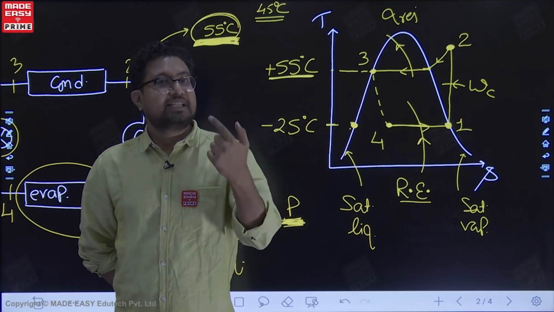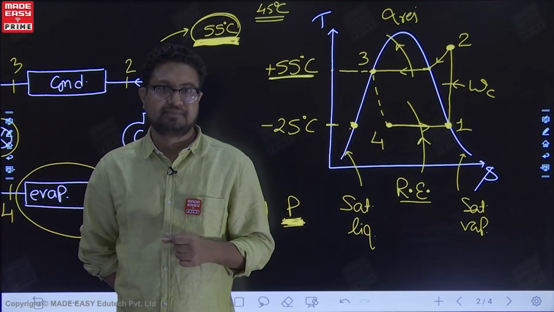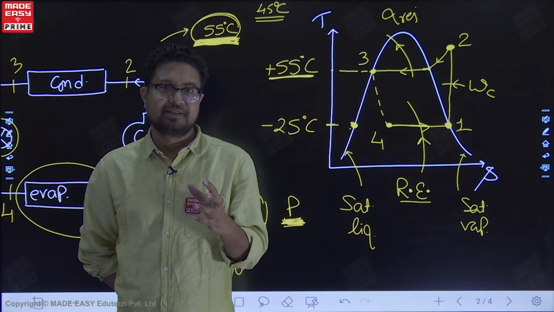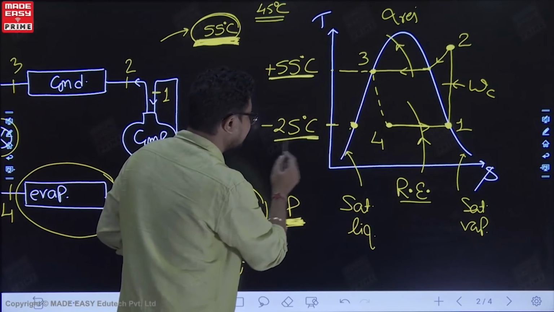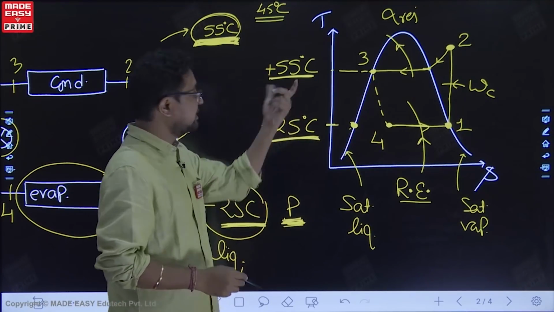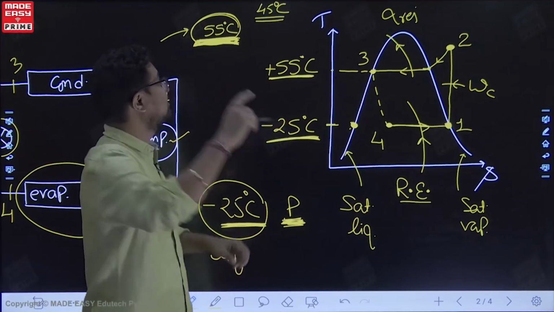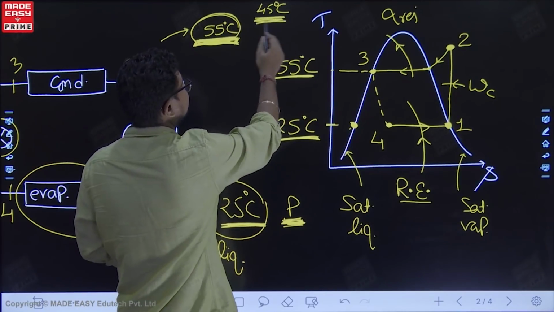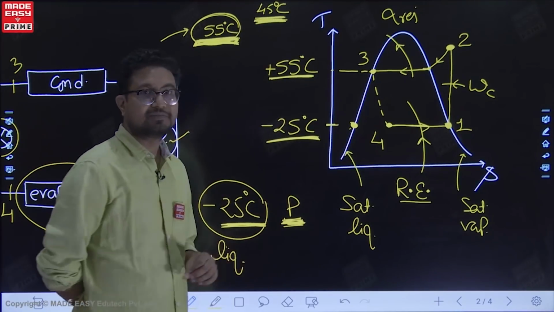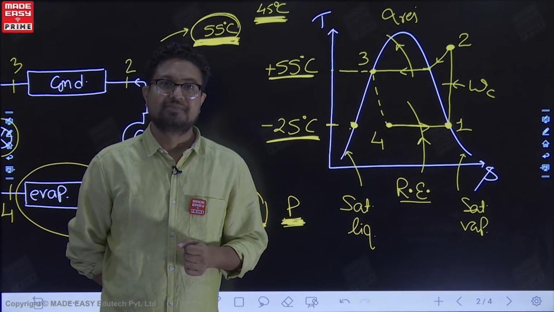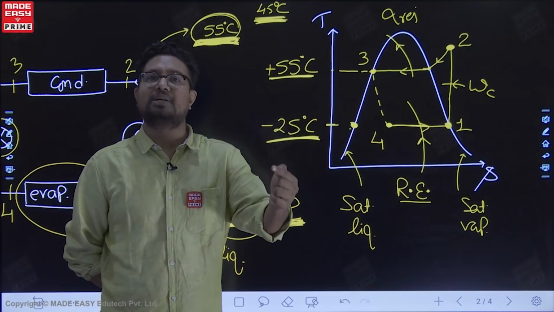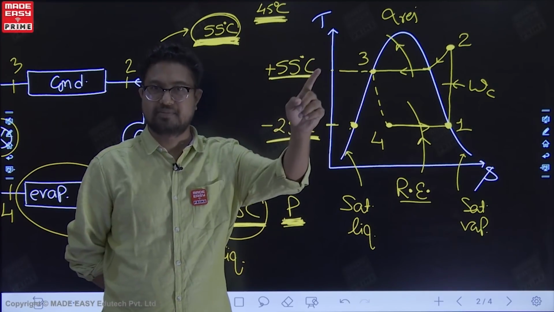Now we want to reject this heat. We have a lot of energy, but the energy is at a very low temperature. And you want to reject this energy. Outside is at 45. What to do? You compress the vapor to such a pressure.